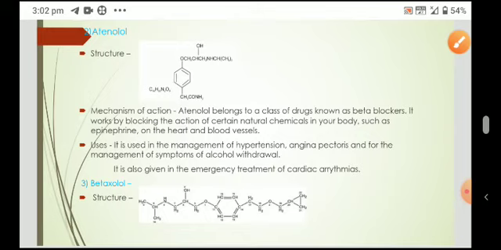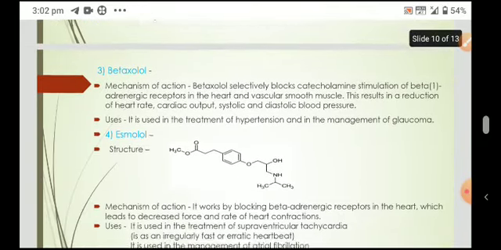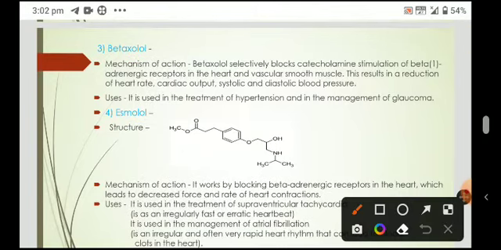Now the next drug from the beta blocker category is betaxolol. See its mechanism of action. It selectively blocks the catecholamine stimulation of beta 1 adrenergic receptors, which are present in the heart and vascular smooth muscles.